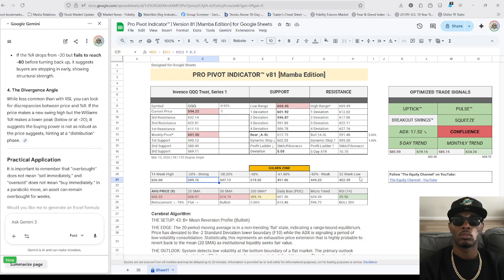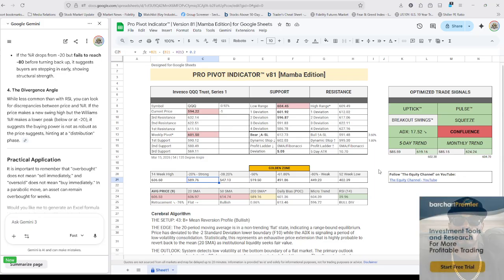Now, I'll be honest with you, I don't like this one. I like to stick with the RSI. I have it right here, and you can see what we're getting: bullish divergence. We're going to get to this part in a second. All this over here, we're going to come back to that because this is a whole other ball game right now. We're going to talk about that.